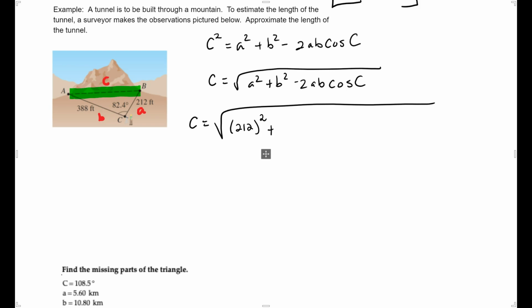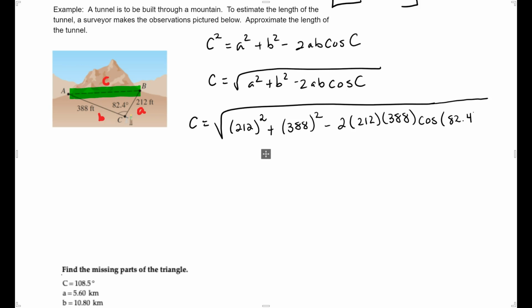And B is 388, so I'm going to put 388 squared minus 2 times 212 times 388 times the cosine, and let me extend the root here, cosine of the angle C, which is 82.4 degrees.